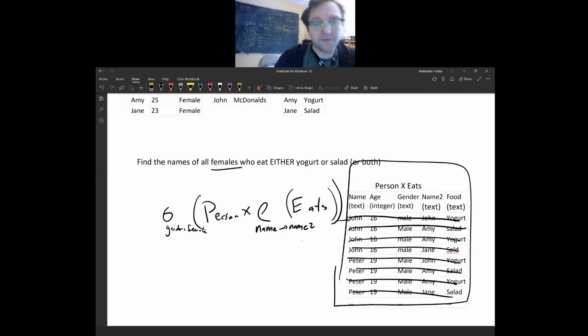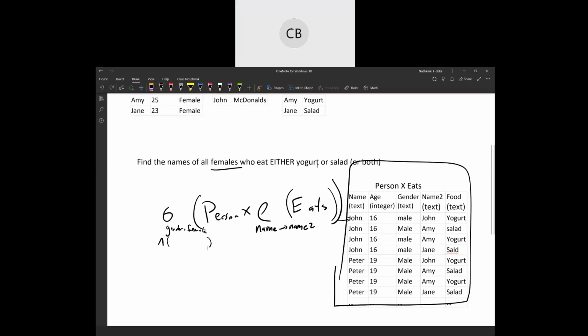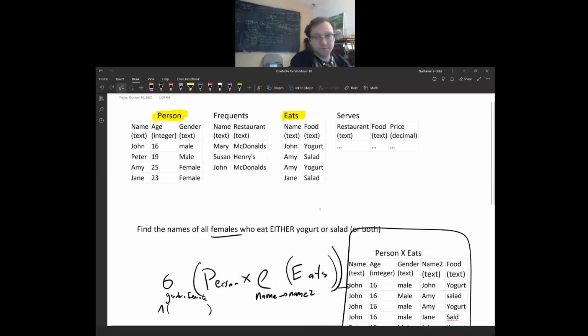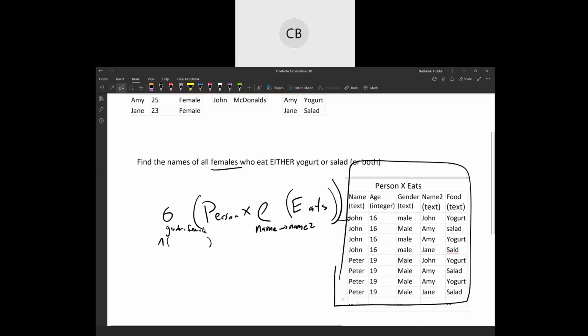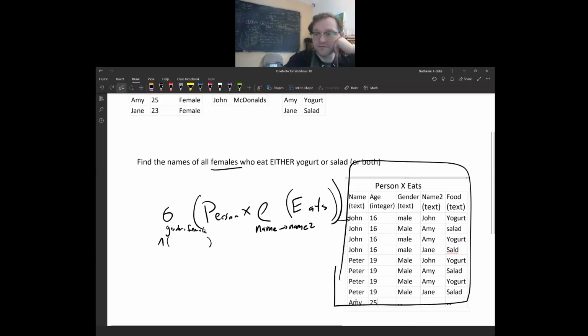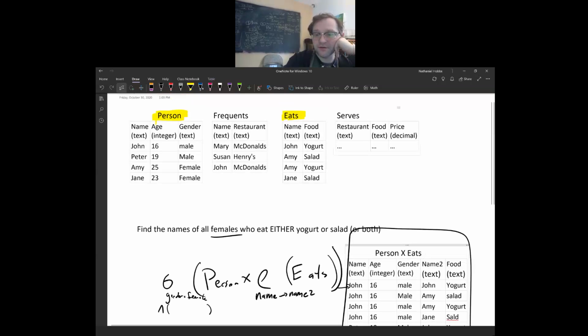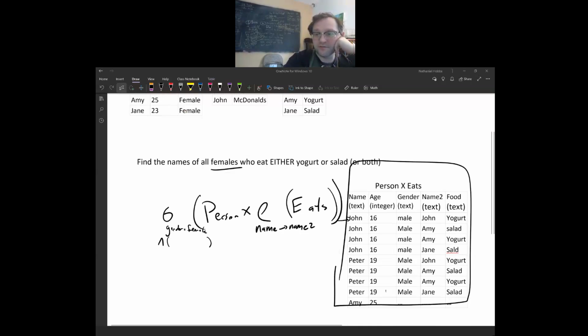What is something else that we can use to get rid of the many entries in this table? You could also use food. Food, okay. So anything that's not yogurt or salad.